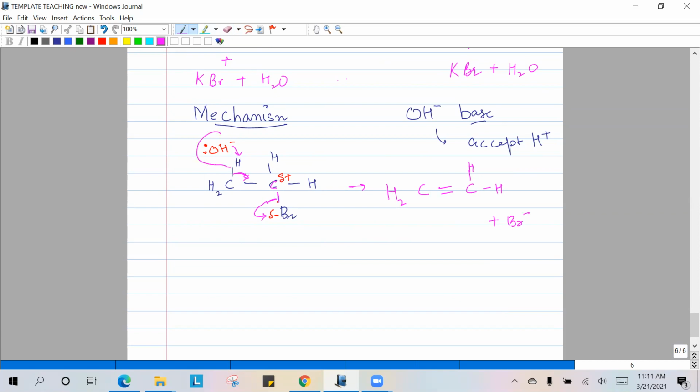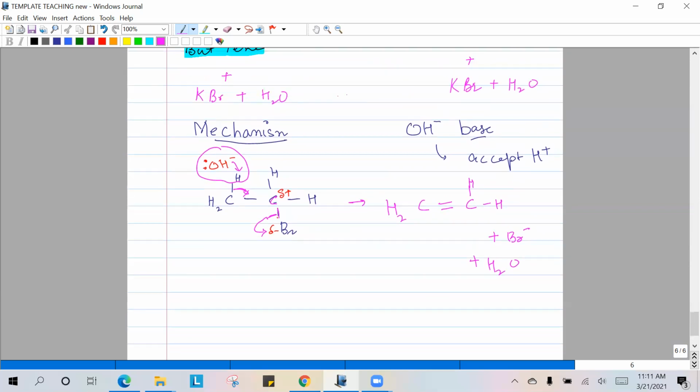The H combines with the OH minus to form the water molecule. So that is the mechanism. So you can easily observe over here that the OH minus accepts or takes away the H plus ion. That is why we say the OH minus behaves as a base. So that's the difference between these two reactions.